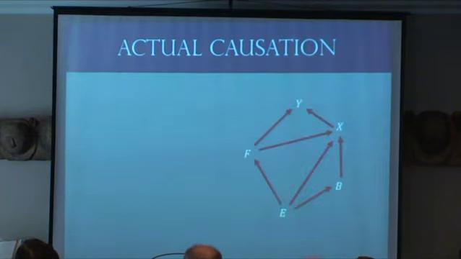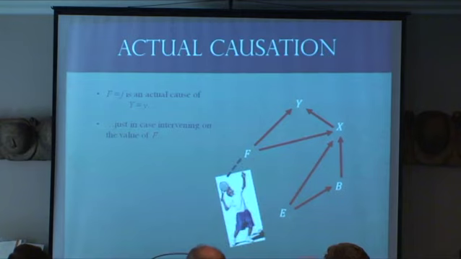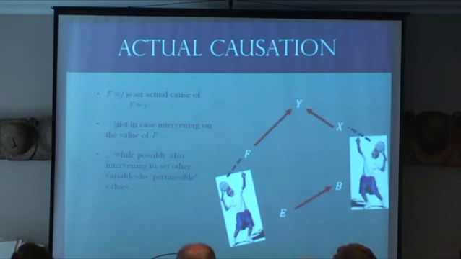So just to say a little bit about this, because the basic idea is fairly simple. If we say that the value of one variable is an actual cause of the value of another variable, what this means is that when we intervene on the value of the first variable, f, it's not necessarily whether y changes when we intervene on f, but when we intervene on f while possibly also intervening on other variables to set them to some set of permissible values.